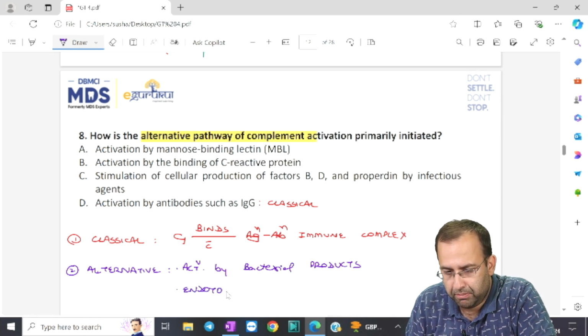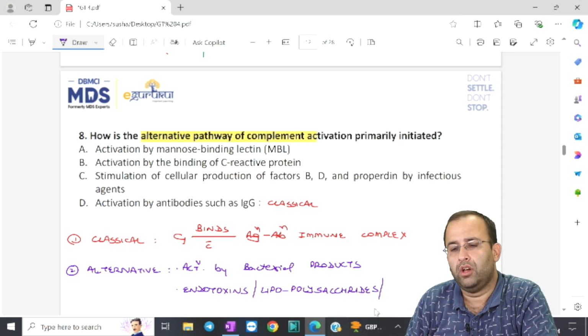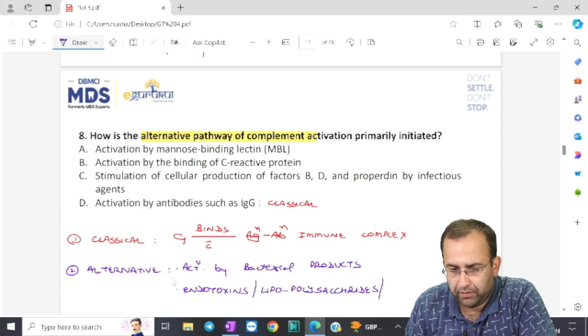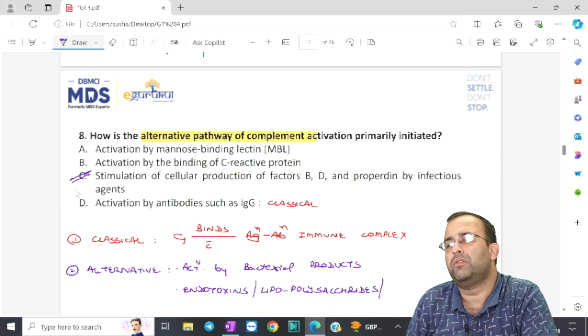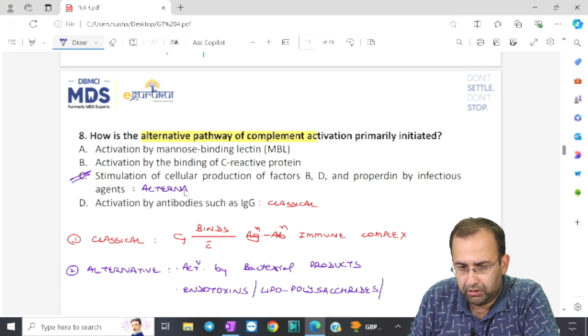It is activated by bacterial products like endotoxins, lipopolysaccharides, or by stimulation of cellular production of complement proteins. That is the alternative pathway.